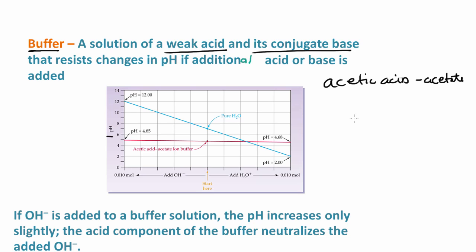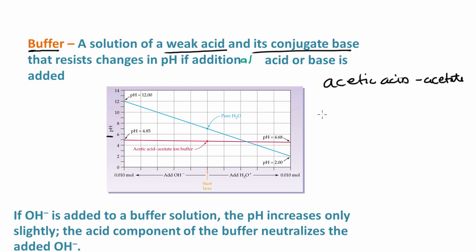Okay, the solution is 0.1 molar in acetic acid and 0.1 molar in acetate ion. So to prepare the buffer, you would start with acetic acid, and then you would add the acetate ion, and you would use sodium acetate or some ionic compound that contains acetate ion.